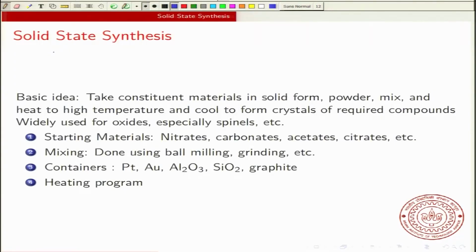So, you start with your solid materials, let us say A and B. These are the solid materials that you take. You powder them, mix them. Let me show B in a slightly different color. Let me show B in green.